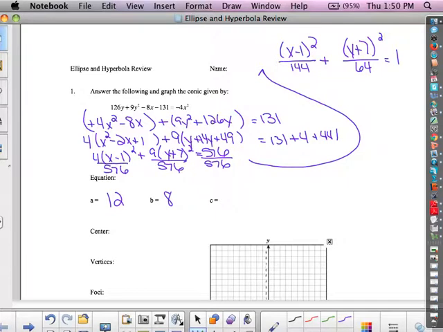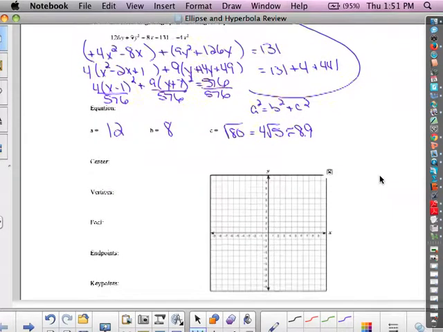And C is found by taking a squared equals b squared plus c squared. Therefore, C is the square root of 80, which is 4 root 5, which is approximately equal to 8.9. So when you look at your equation, you know that the center is at (1, -7).